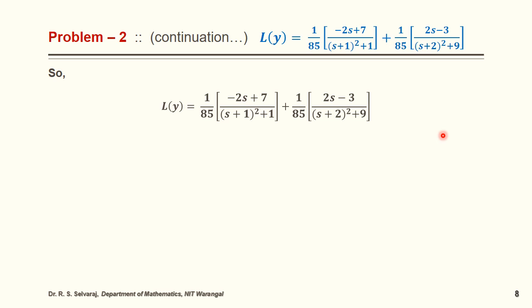So this is what we got in the last slide, L of y. Now if you look at L of y, there are two terms. The first term's denominator has s + 1, the second term's denominator has s + 2.